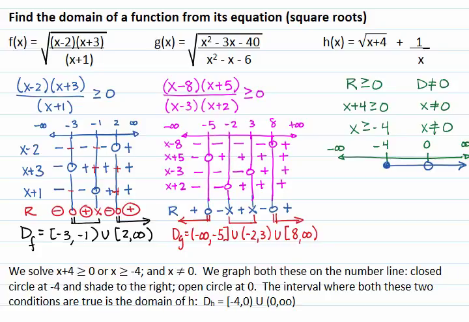And the domain of h are the areas of the number line where both the inequality and the difference from 0 are true. And these intervals are from -4 to 0 and then from 0 to infinity. And the domain of h is equal to closed -4, 0 open, union open at 0 to infinity.